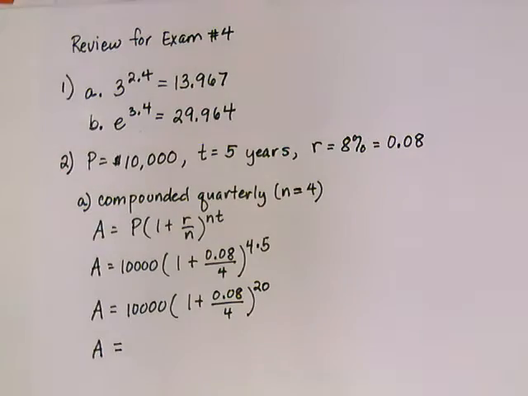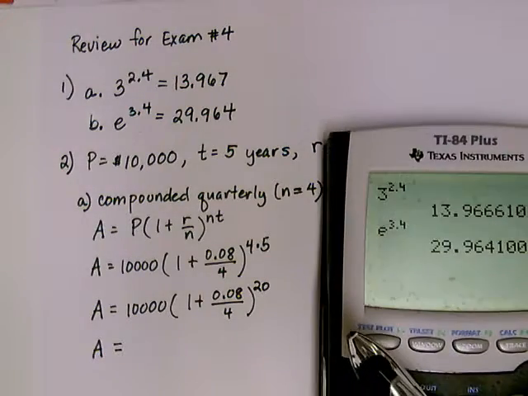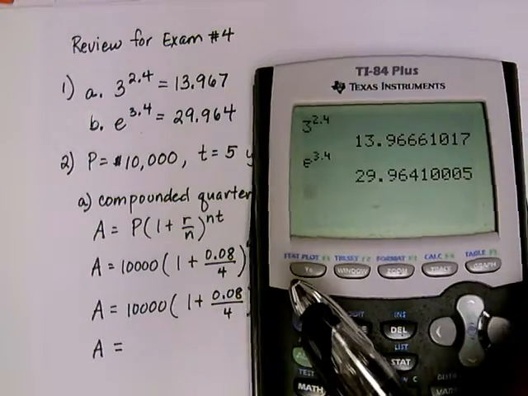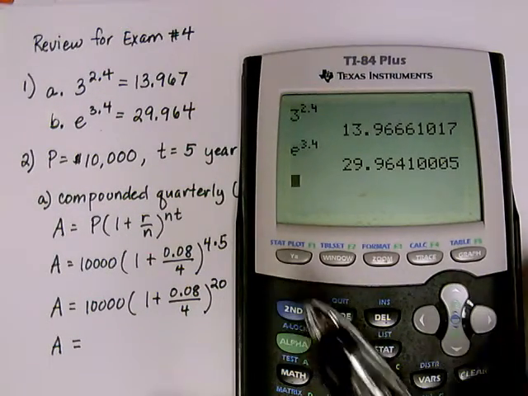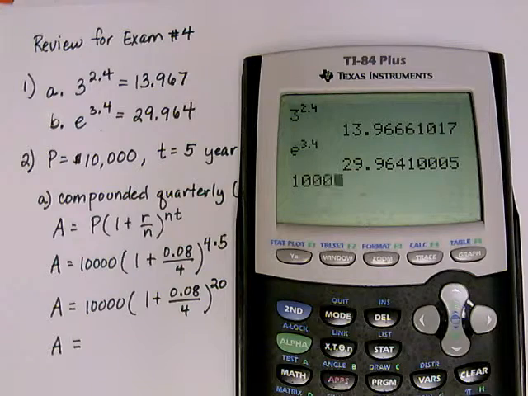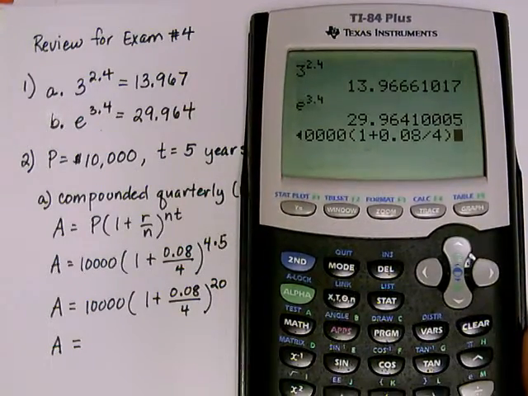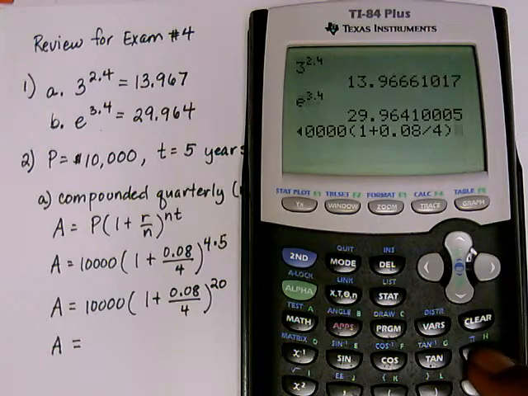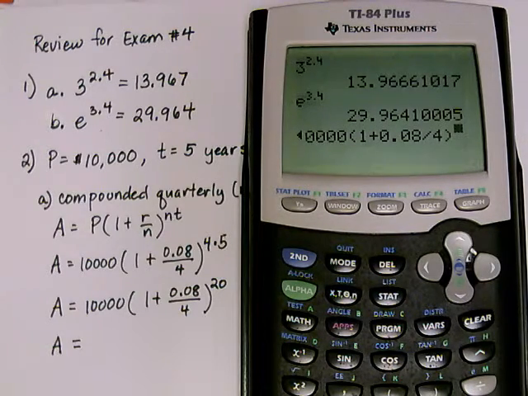And all of this can be typed into the calculator. So in this case, I'll type in 10,000, and then left parentheses, 1 plus 0.08 divided by 4, close parentheses, use the caret key for the exponent, which is this button right here, and then type in your exponent of 20.